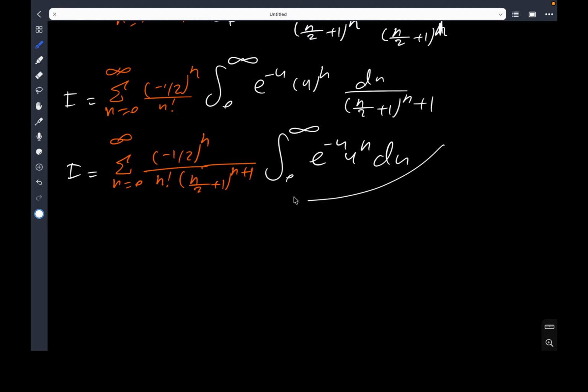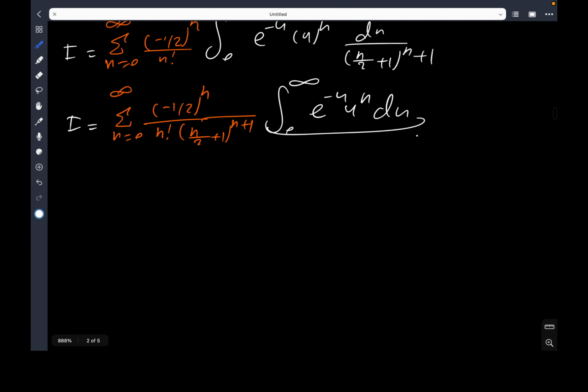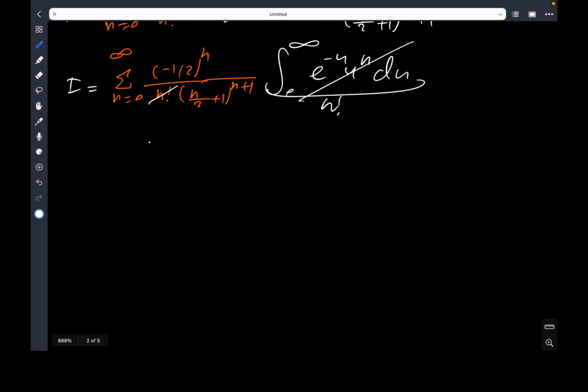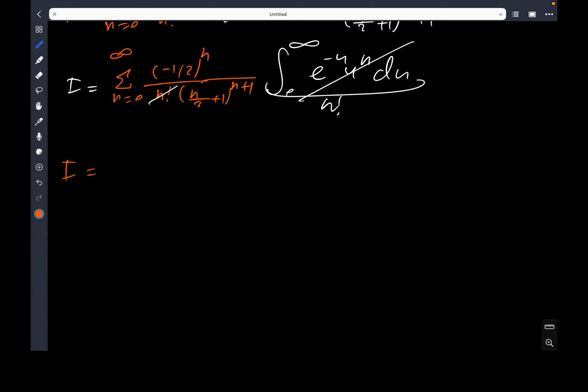Now, this integral here is defined as the pi function, which is exactly equal to n factorial. And this n factorial here would cancel out, and I'm going to have my integral be the infinite sum from n equals 0 to infinity of (-1/2)^n over (n/2 + 1)^(n+1).